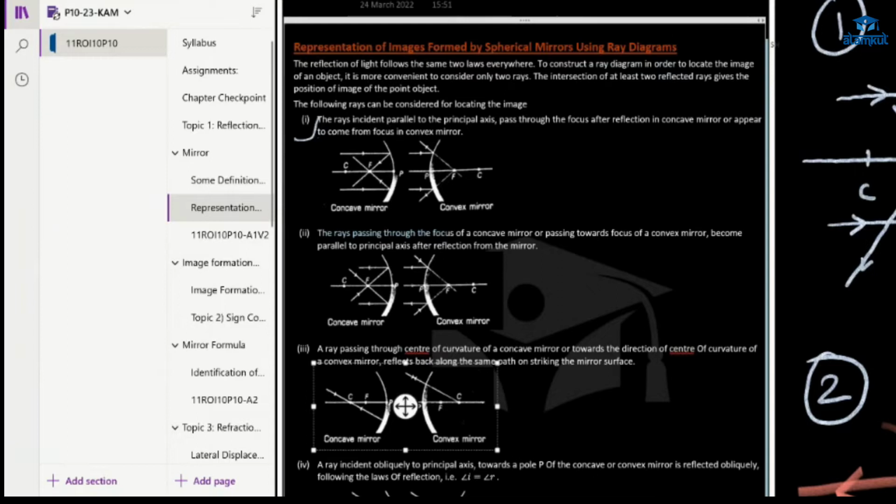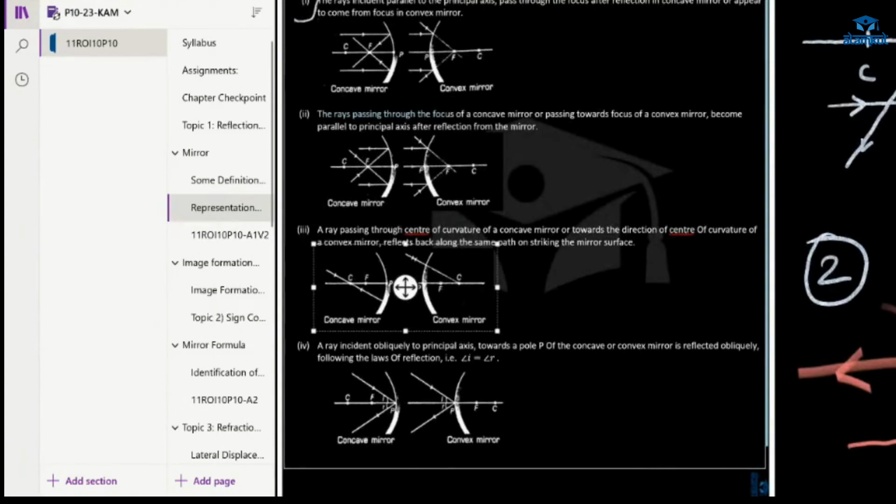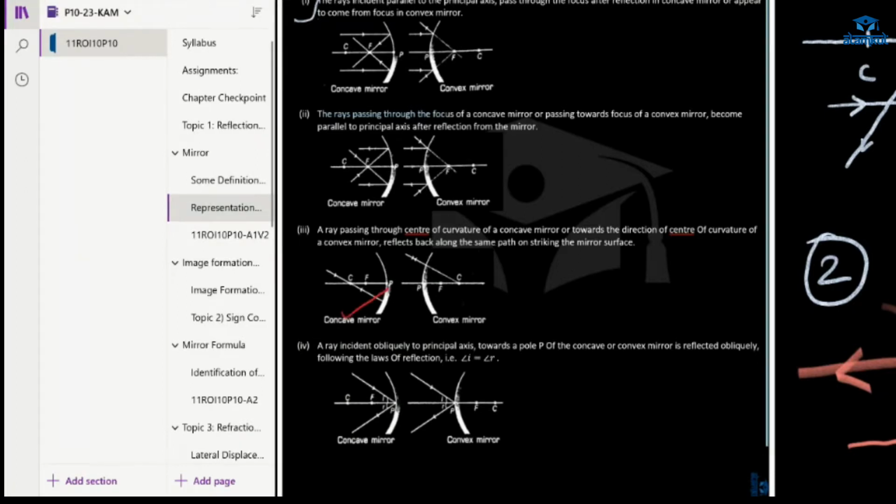The second was the incident ray that is passing through the focus; after reflection it becomes parallel to the principal axis. The third was the incident ray that is passing through the center of curvature of the mirror, which reflects back along the same path on striking the mirror surface.